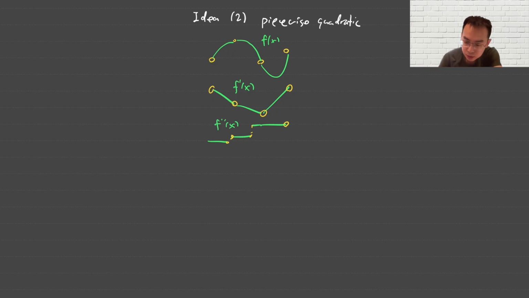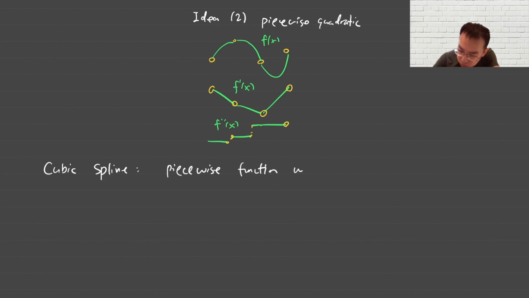So this really brings us to the idea of cubic spline. We want to make a piecewise function with continuous f of x, f prime of x, and f double prime of x.